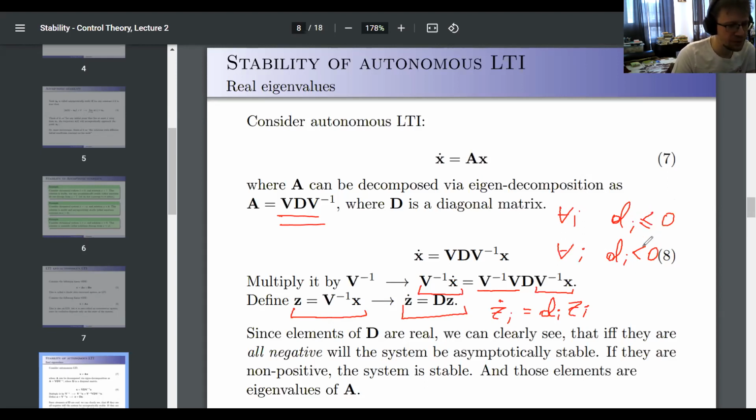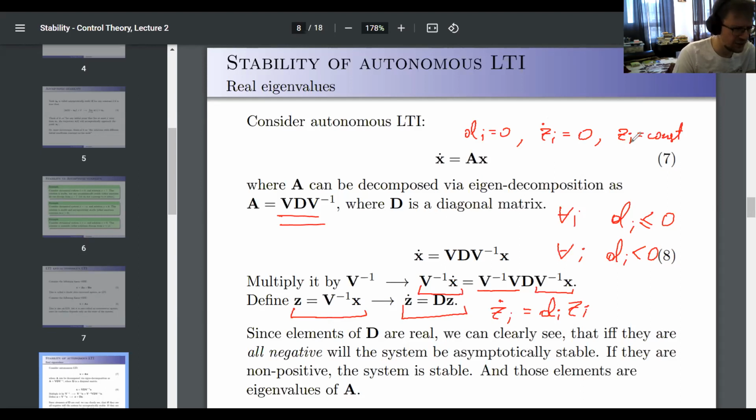If one of the d sub i is equal to 0, I'll write here, if, let's say, d sub i is equal to 0, then z dot sub i is equal to 0. Hence, z sub i is equal to a constant value, and it doesn't diverge, but doesn't converge either. So it is stable, but not asymptotically stable.